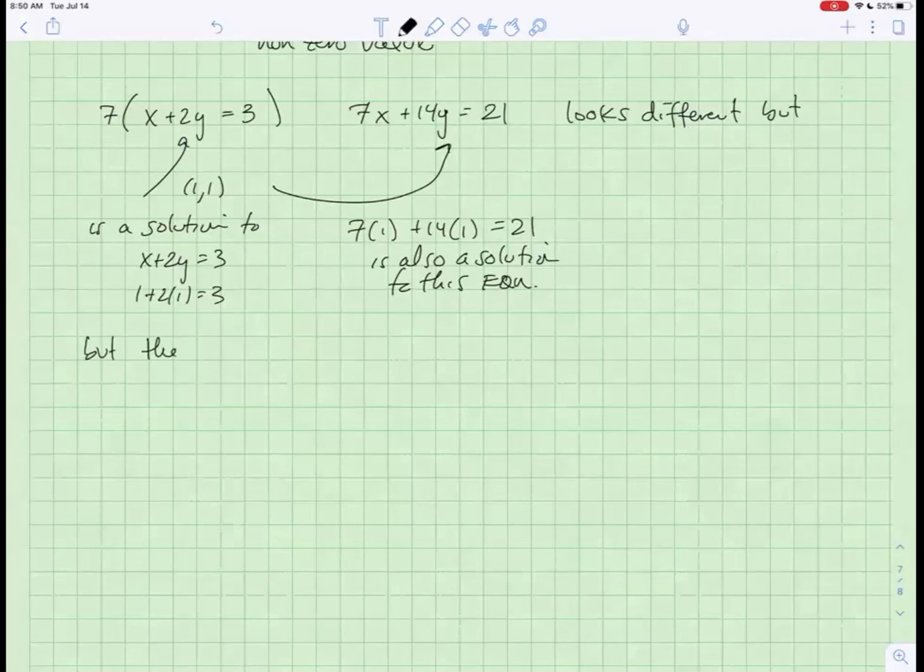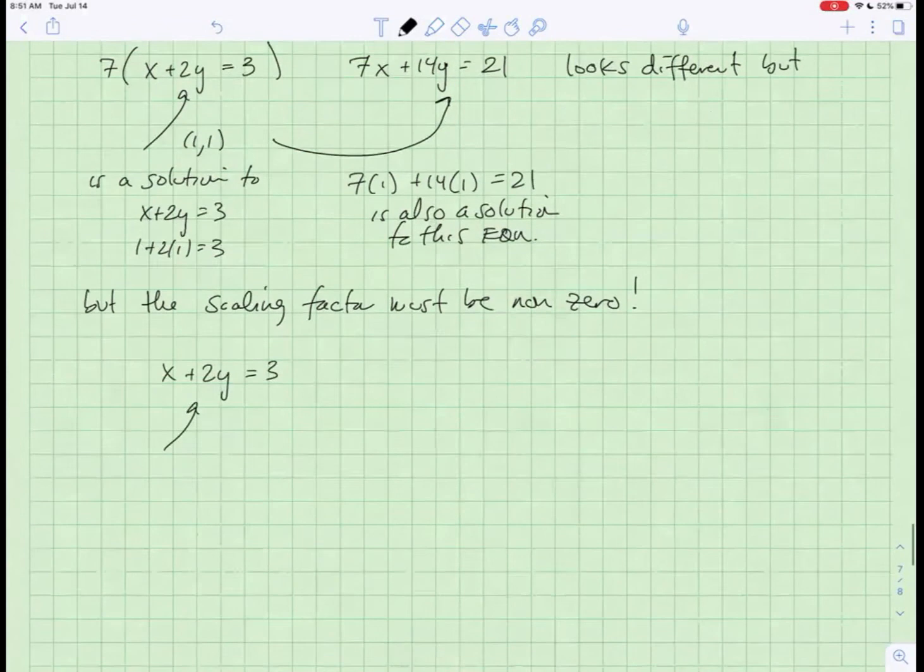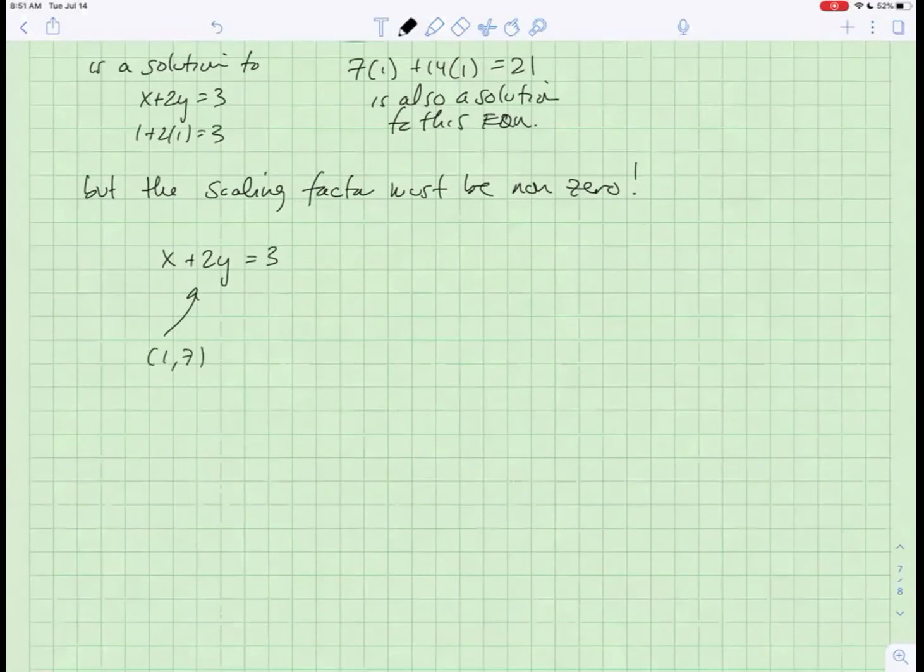Now, I say non-zero factor, because the scaling factor must be non-zero. If I take x plus 2y is equal to 3, we note 1, 7 is not a solution because 1 plus 2 times 7 does not equal 3.